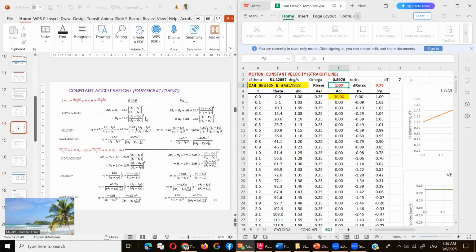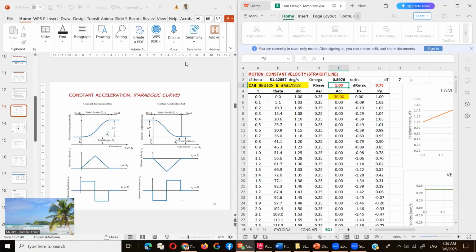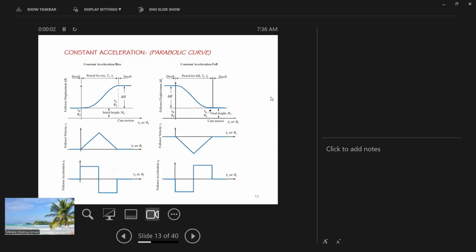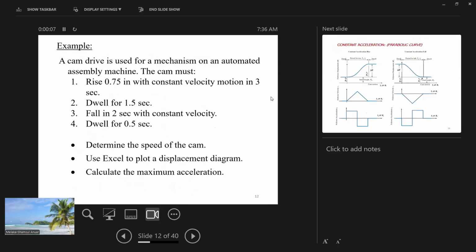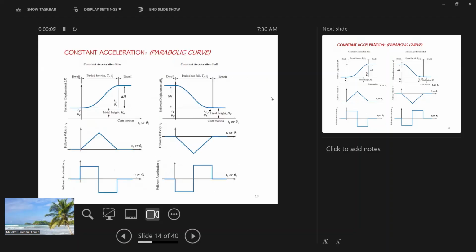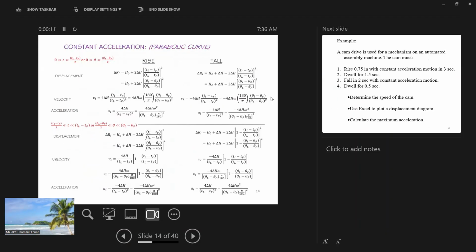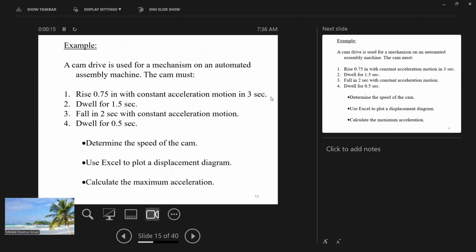So if you have other types of motion, you have to follow their respective shapes and the corresponding equation. So some motion will be more complex than others.